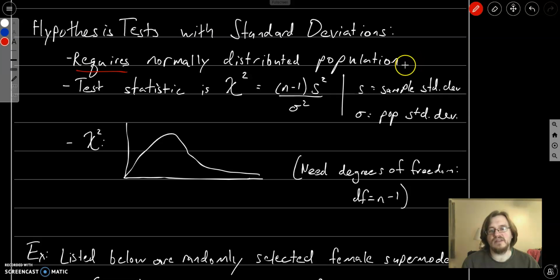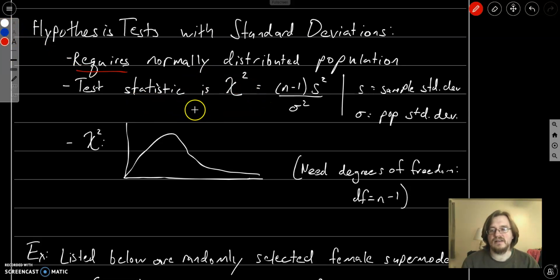For instance, with means, if it is normally distributed, great. If it's not, we could still use the techniques provided that our sample size is greater than 30. When we're looking at standard deviations or variances, we absolutely require that the population has to be normally distributed. Otherwise, this work doesn't apply.